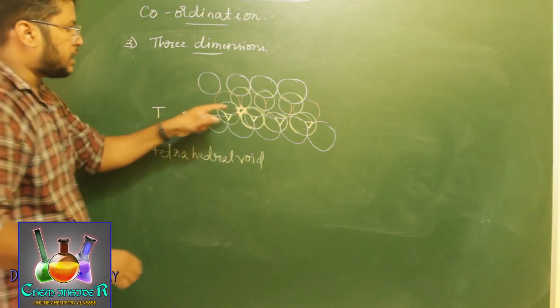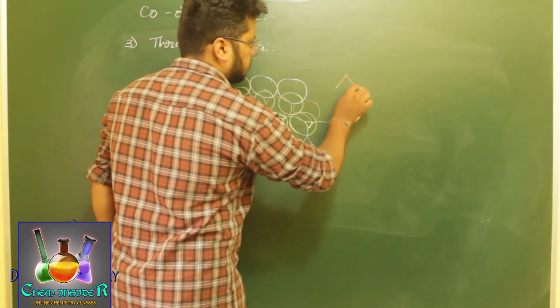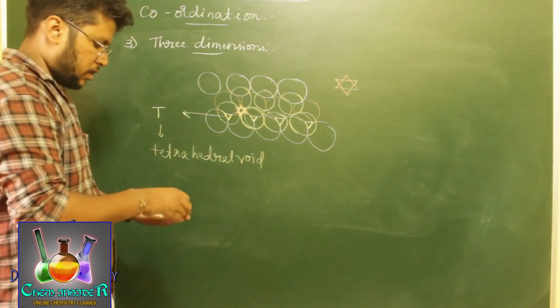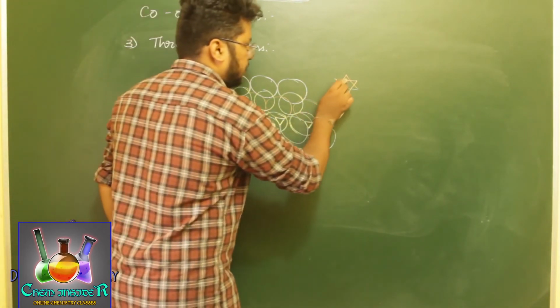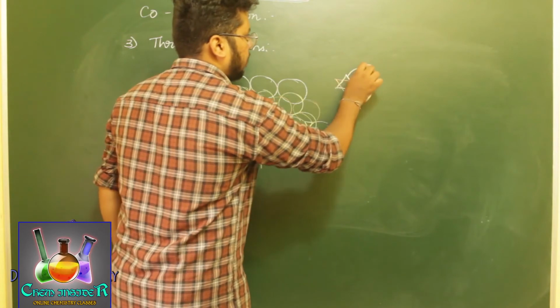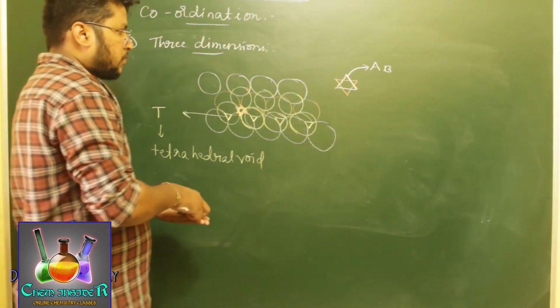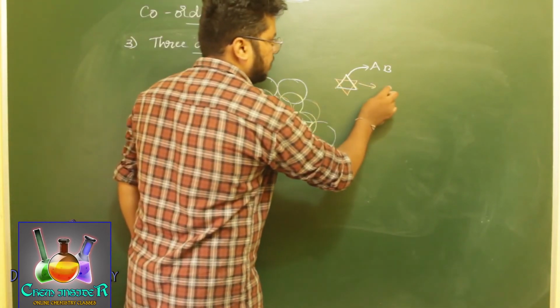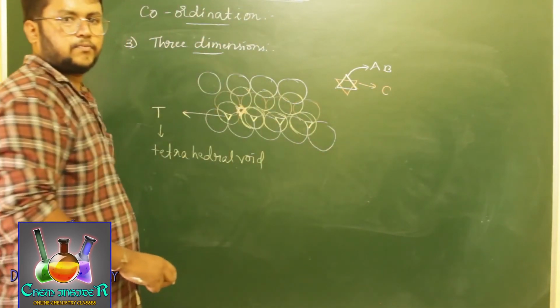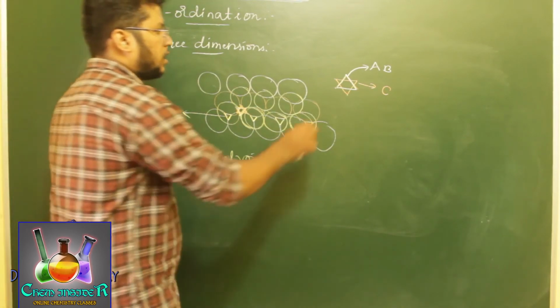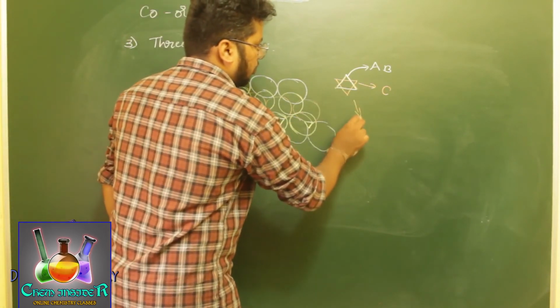That space, if you write it separately, will be like this. One is generated by the AB layer of 2 dimension, and this orange one is generated by the C layer. This type of arrangement leads to a new type of void called octahedral void.